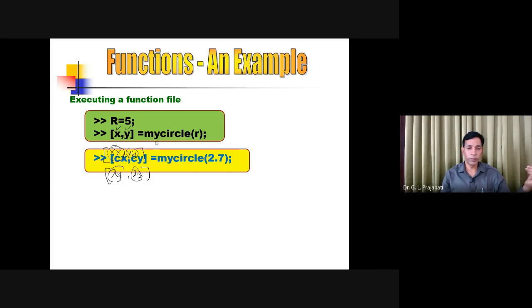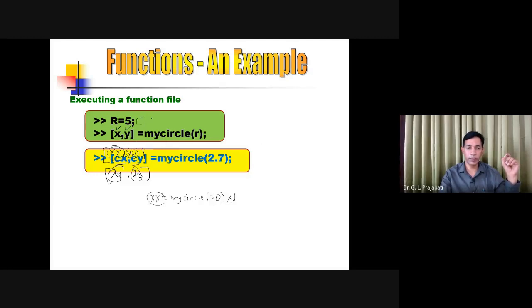In the command prompt, if you have two variables, you can mention the two variable names. If this function is going to return two values and you mention only one variable name, say xx equal to my circle 20, and you press enter, then xx gets the first variable value.